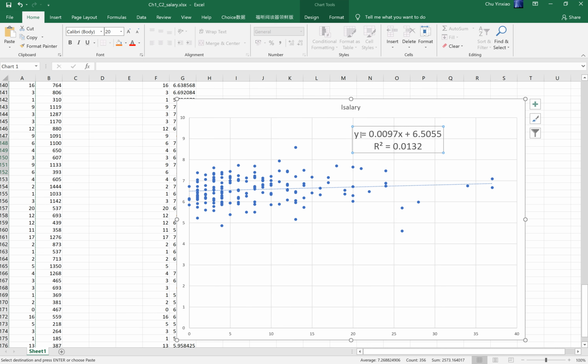So y is log of salary and x is tenure, right? So this basically gives you the regression equation.